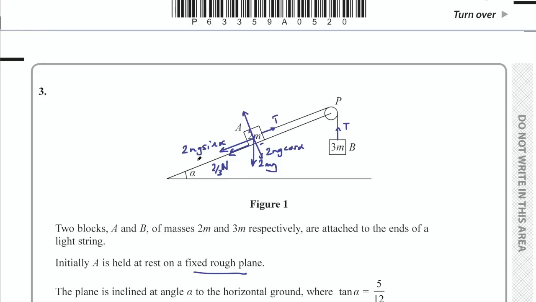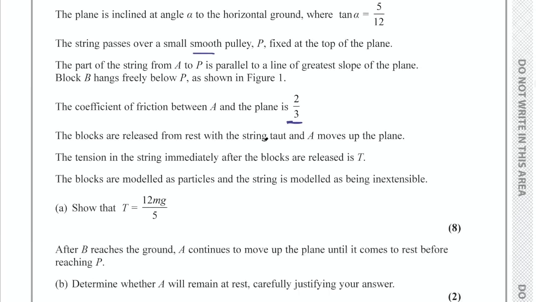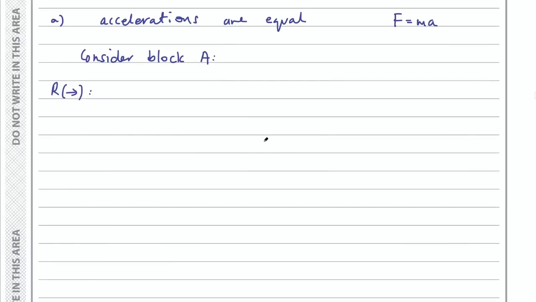So we have the forces acting horizontally. T is pulling up the plane. We have a component of the weight pulling down, and we have the friction acting against movement as well. That will give us a net force acting in the direction of movement. And we know that force equals ma, so we'll have some net force we can plug into this equation.